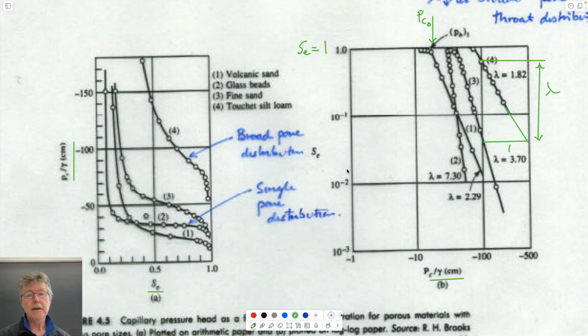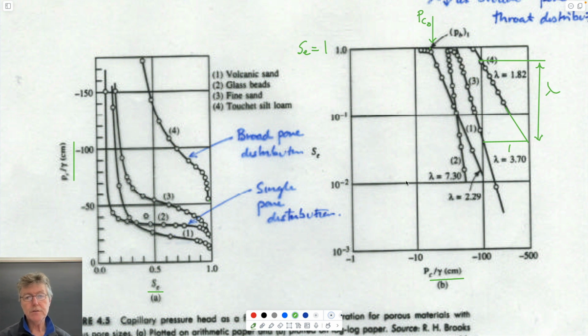And so if you have one log cycle and lambda is huge, then you have a small change in pressure and you get a very big change in saturation. A small change in pressure gives you a very big change in saturation would be this, right?